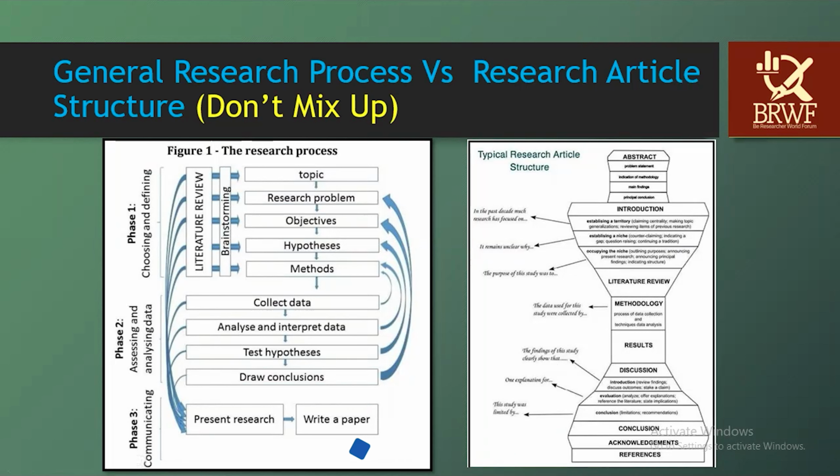We are reminding you of this again and again during the whole course, so that you can differentiate between these two things. The main focus of this course is to show you how to become a researcher. That means the research process. This course is not extensively focused on how to write a research article. Okay, we are making things clear again and again.